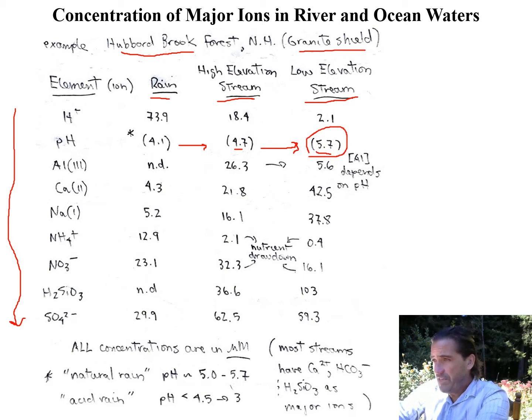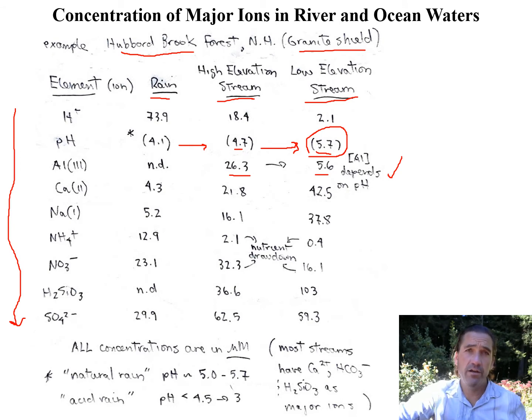We also see in terms of, say, aluminum, which maybe we wouldn't expect it, but it actually goes lower, and that's due to the increase in pH. Due to the increase in pH, aluminum actually drops out, much like iron did in a previous video.